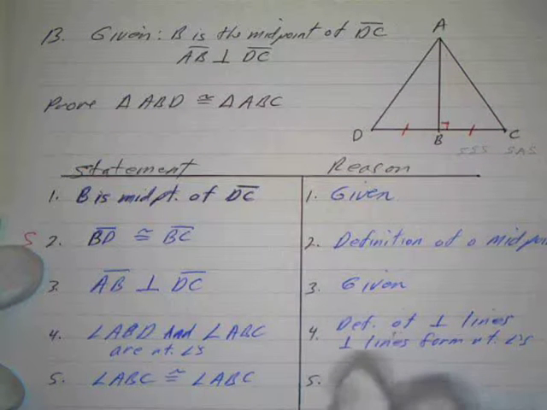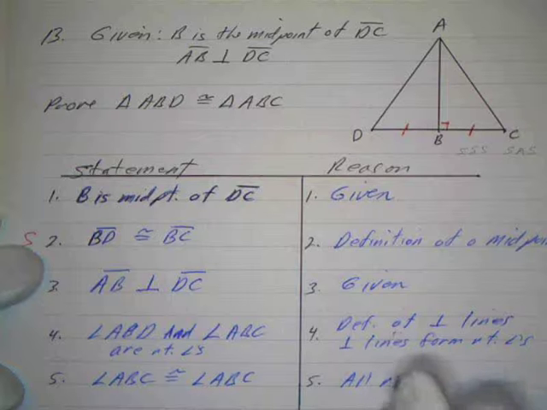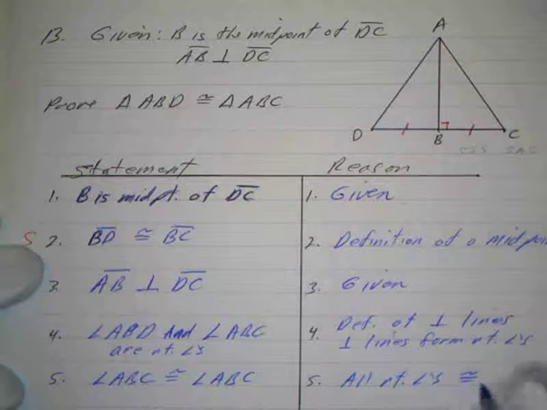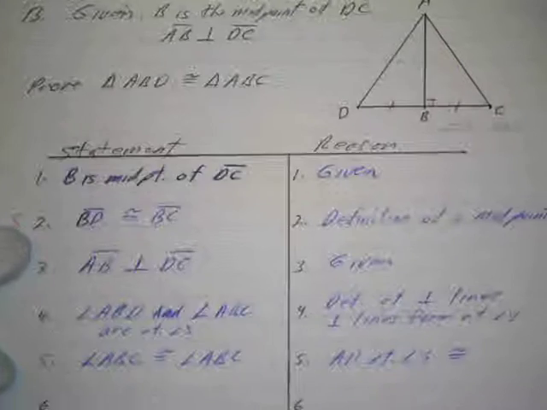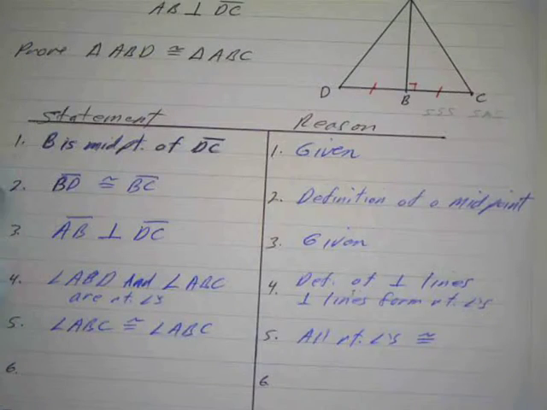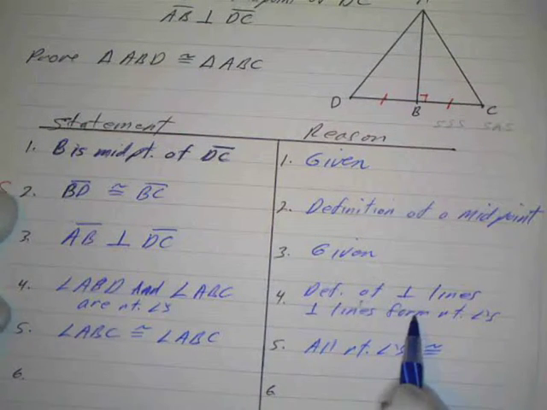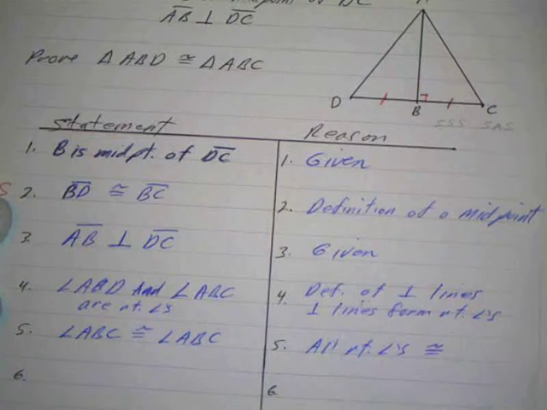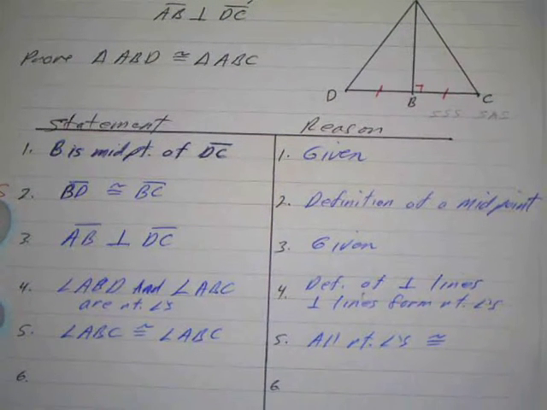And we could just say all right angles are congruent. You could write that down. Now, either of these statements would be fine for number 4: definition of perpendicular lines, or you could just say perpendicular lines form right angles. That's basically what the definition is.